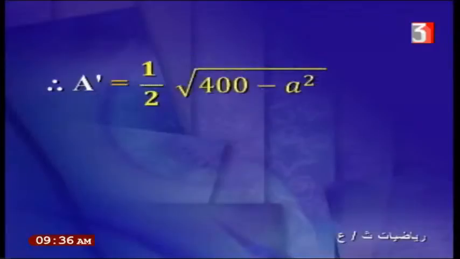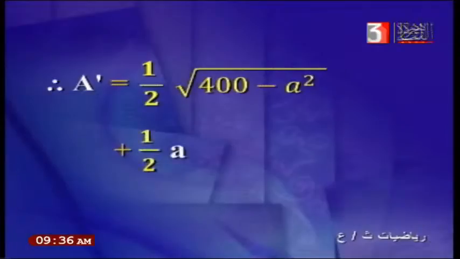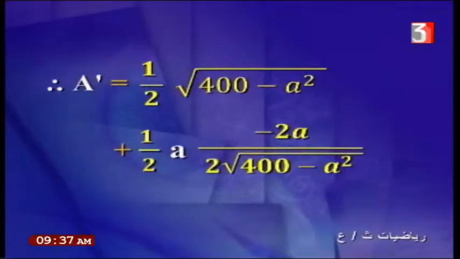Then the derivative of half A, which is half, multiplied by root 400 minus A power 2, plus half A multiplied by the derivative of the square root of 400 minus A power 2, which is negative 2A over 2 square root of 400 minus A power 2, because the derivative of the root equals the derivative of the function inside the root divided by twice the root.